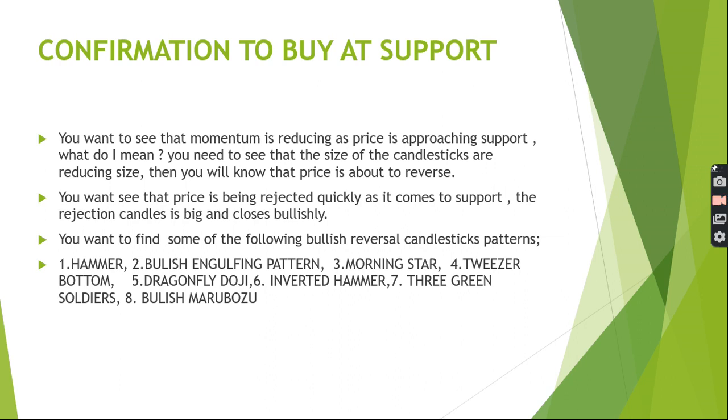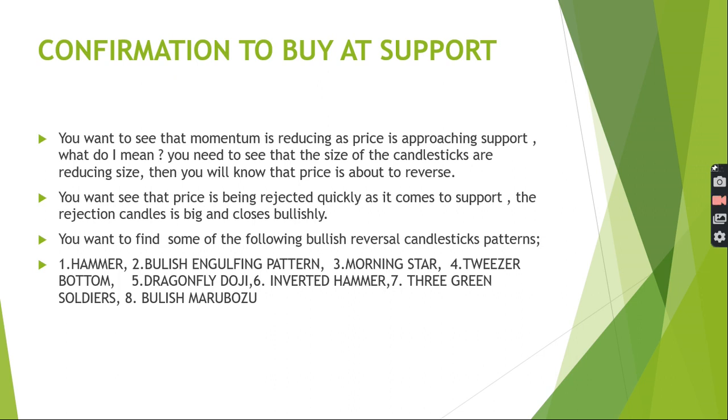If you're going to buy at support, here are some of the things you should be looking for in order for that trade to become a high probability trade. You want to see momentum reducing as price is coming to that support area.